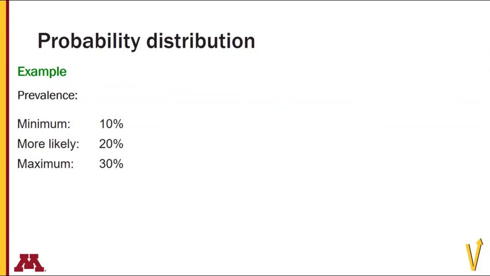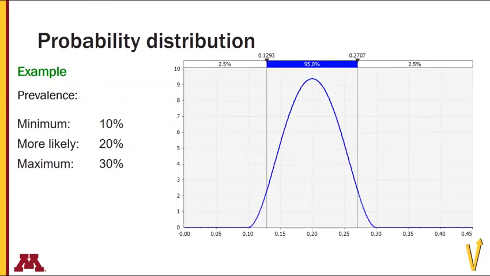In some cases, we may have more data and therefore be more precise or less uncertain. So here we have three values, but still we say that prevalence is comprised between 10 and 30%. But we add another data point, and that is 20% is a more likely value.